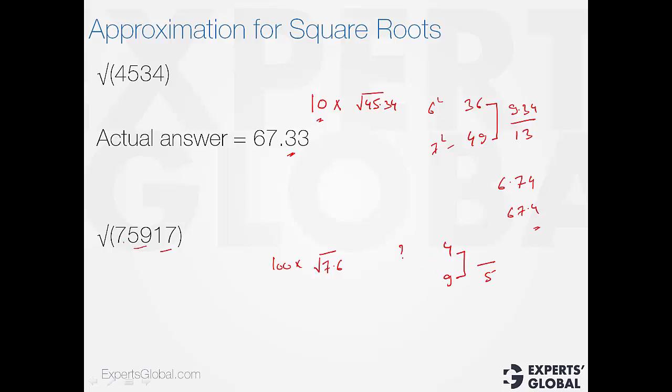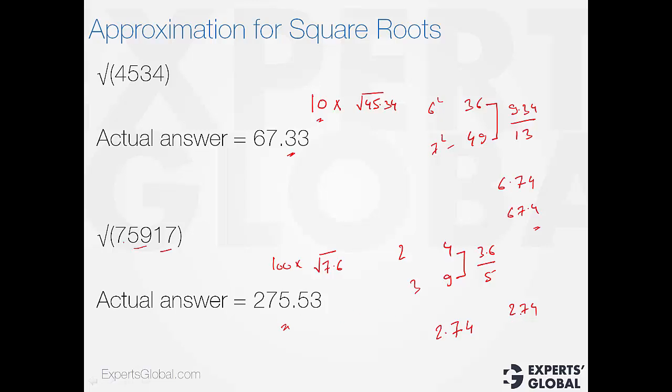So 2.4 and 9.5, but I can travel only 3.6 places. So this is exactly 0.72, 2.72. So my actual answer should be just a bit more, something like 2.74, 2.75, something like that. In 200 to something like 274 or something, so yeah, 275.53, quite close to where we were.